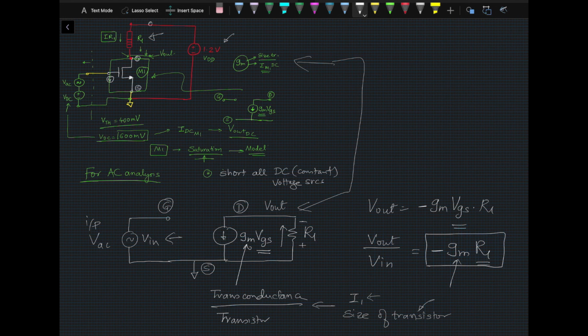And what does this negative sign indicate? The negative sign indicates there is an inversion, which means if I apply a positive going sine wave at the input, then the output will be going like this, with amplification. And Gm times R1 can be a factor of 20, 30, 40, depending upon the value of Gm and R1. And that's the way we get amplification.